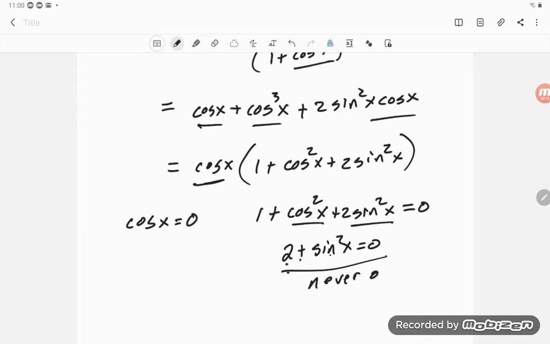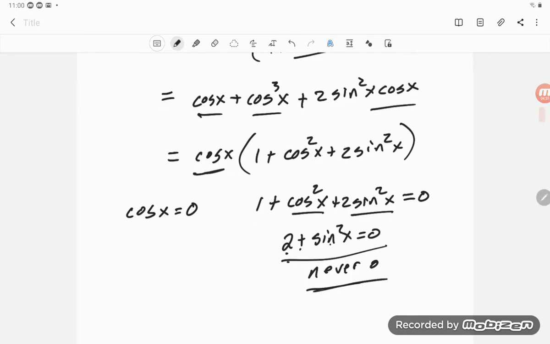I can't have a square being negative 2. If I were still silly enough to keep going and took a square root, the square root of negative 2 is undefined in real numbers, and the square root of 2 is bigger than 1, and sine can never be bigger than 1. So there are all kinds of things that tell me this side's never 0.